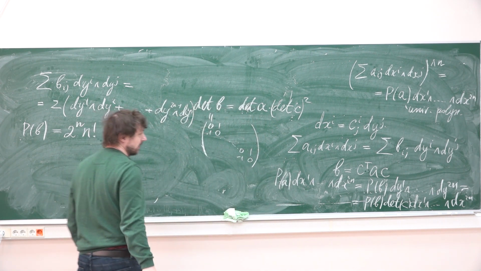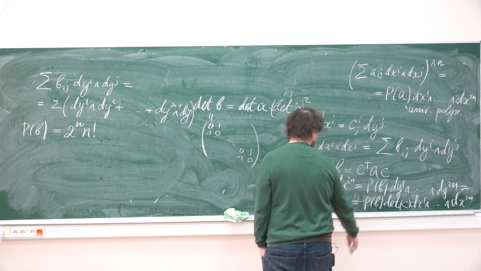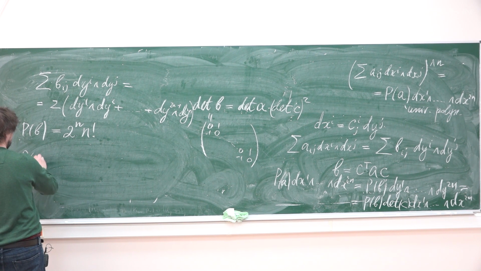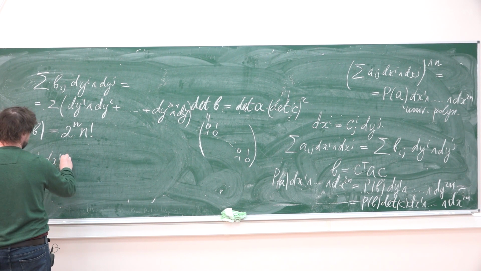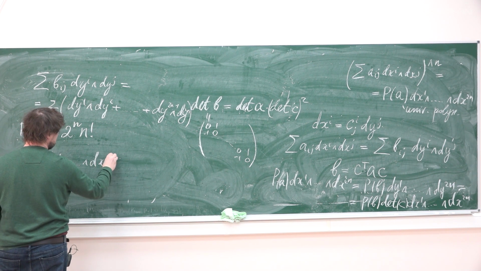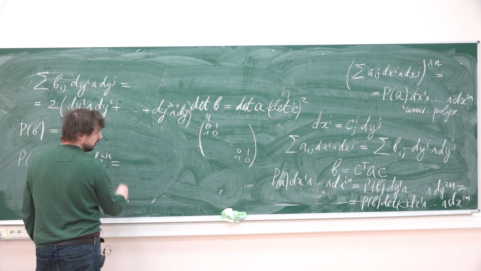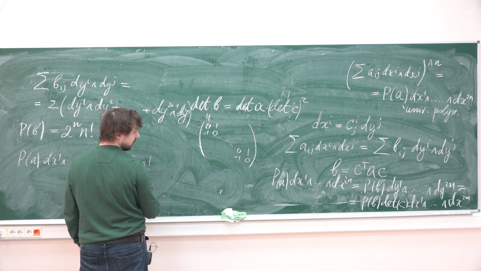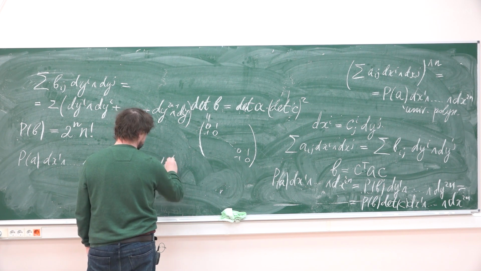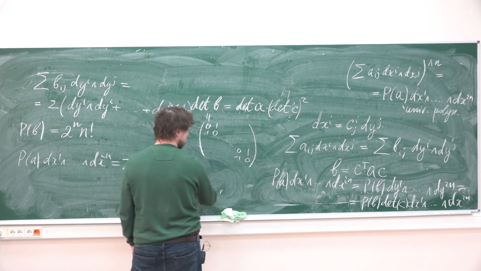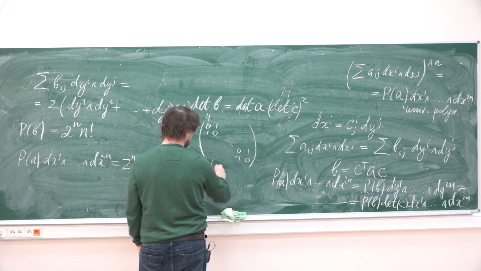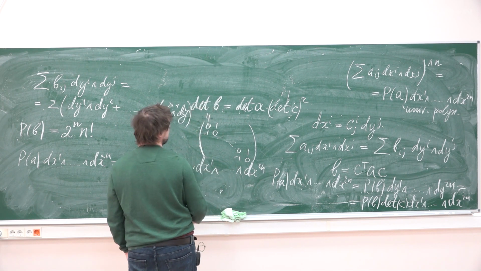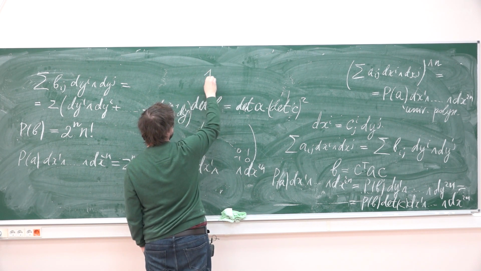So what we get if we use this expression here, we get P of A dx1 dxn will be equal to 2 to the power n times n factorial times determinant of C times dx1 dxn. On the other hand, here the determinant is equal to 1.